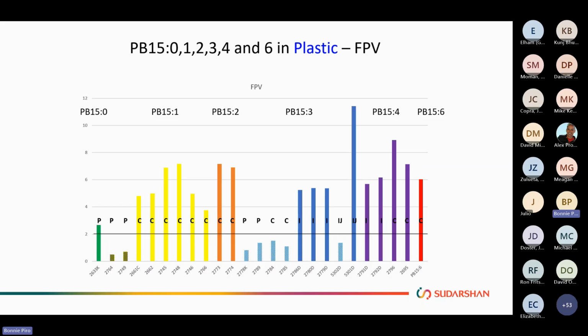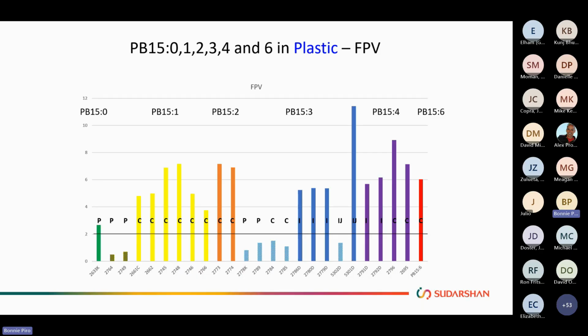From a performance perspective, and the aspect of the finishing as well as the modification, this is the filter pressure value in plastic formulations of all these products. You can see the variety of products that are there and their performance. I put up on top what each product was originally developed for, so that you can get an idea of what the intention was, but also to understand what options are available.